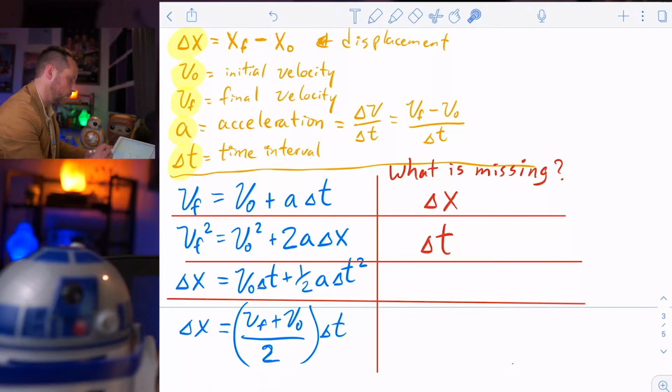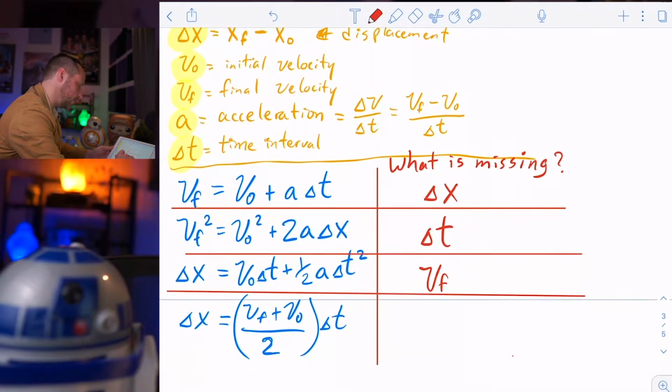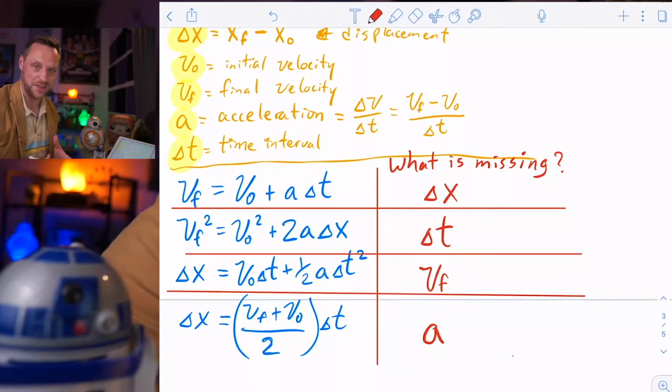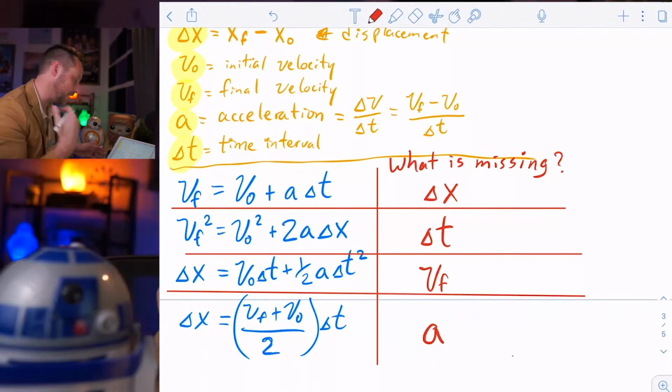So who was knocked out? Well, final velocity was there in the first 2 equations, but now final velocity is knocked out by displacement. So final velocity is missing here, V sub F. And then the last one, we talked about this already, it's acceleration, right? We did that whole work just to get rid of the acceleration, so that would be the missing variable here.